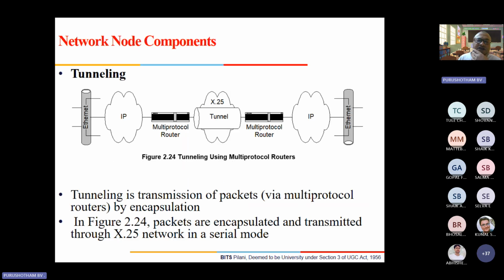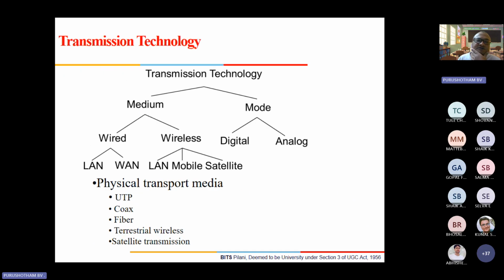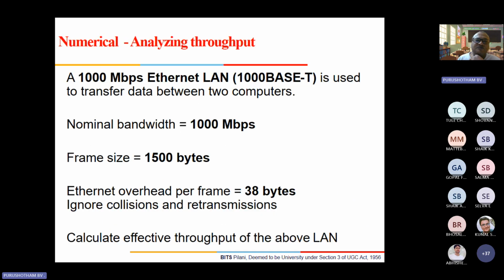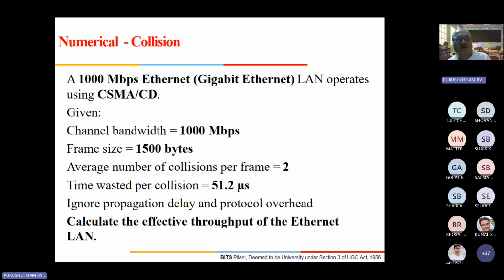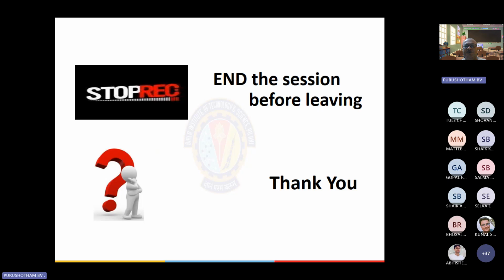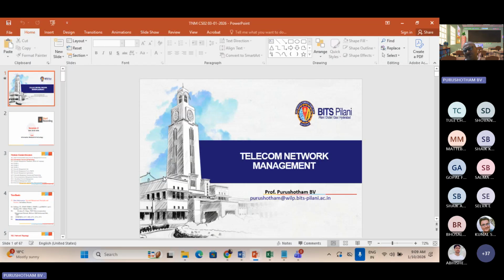Then we looked at tunneling, which is one of the mechanisms that was used in the earlier X.25 networking model. Then we looked at the transmission model, various modes of transmission. Then we saw some problems, around 3 problems. That's what we did in the last class.